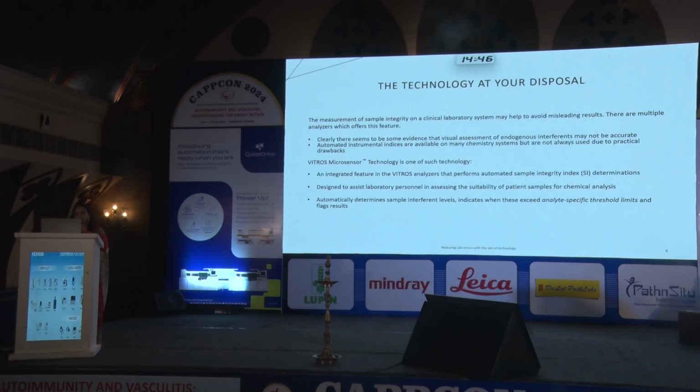The measurement of sample integrity on a clinical lab system may help to avoid misleading results. There are multiple analyzers which offer this feature. Clearly, there seems to be some evidence that visual assessment of endogenous interference may not be accurate. Hence, automated instrumental indices are available on many different chemistry systems, but they are not always used due to practical drawbacks. Vitros microsensor technology is one such technology.